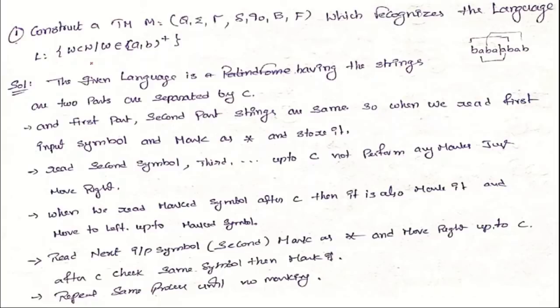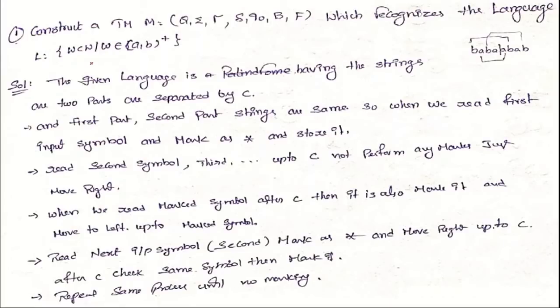Now we move up to the previously read input symbol and then move right to read the next input symbol. Now we read the second input symbol and move right up to reading the C. After C, we check if there is any unmarked symbol.